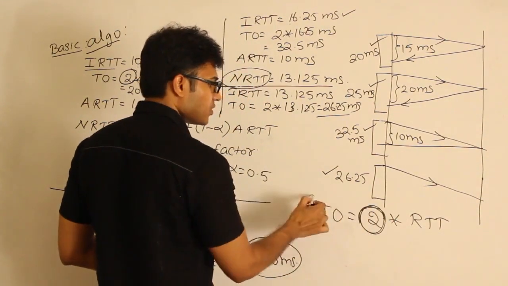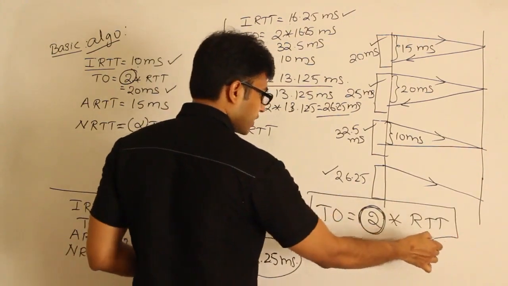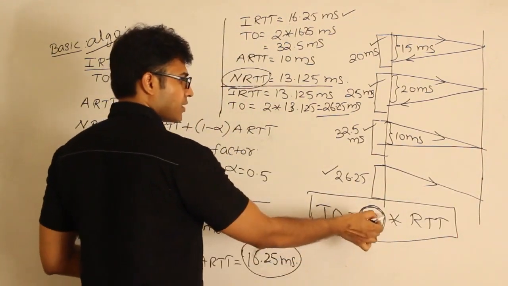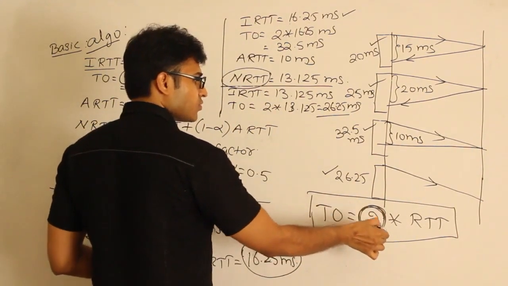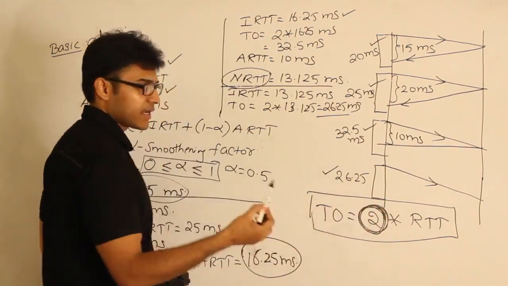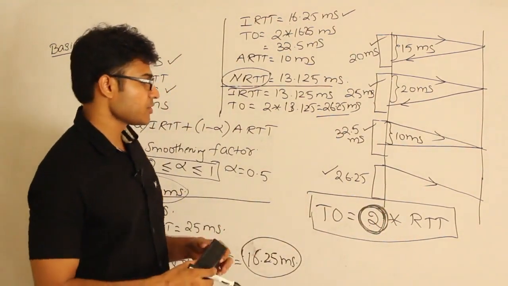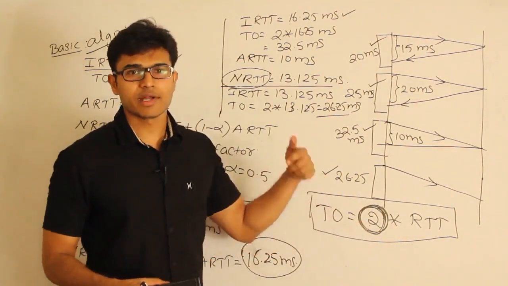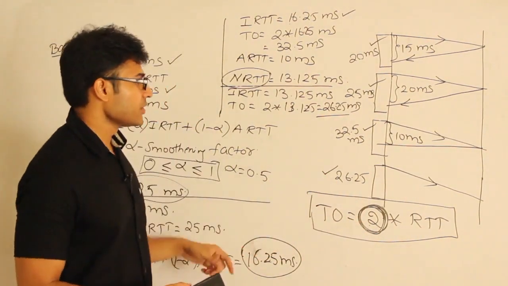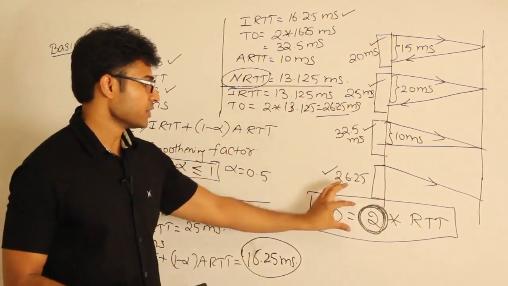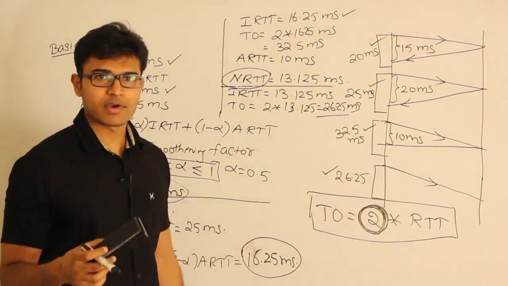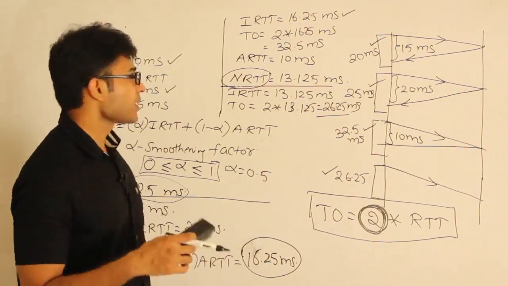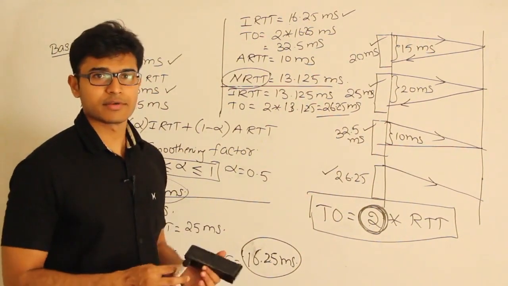This 2 has been used traditionally and everyone is using it, and there is no logic behind it. Since there is no logic behind it, the scientist Jacobson proposed a better method using which you will never use 2, you will use some other method. So this is the disadvantage of the basic algorithm, using 2. Then Jacobson rectified it. So that is why we go for the next algorithm, which is Jacobson's algorithm.